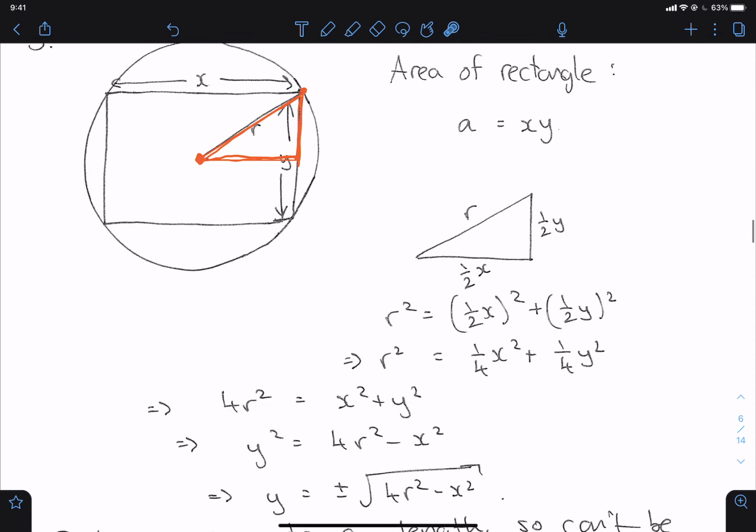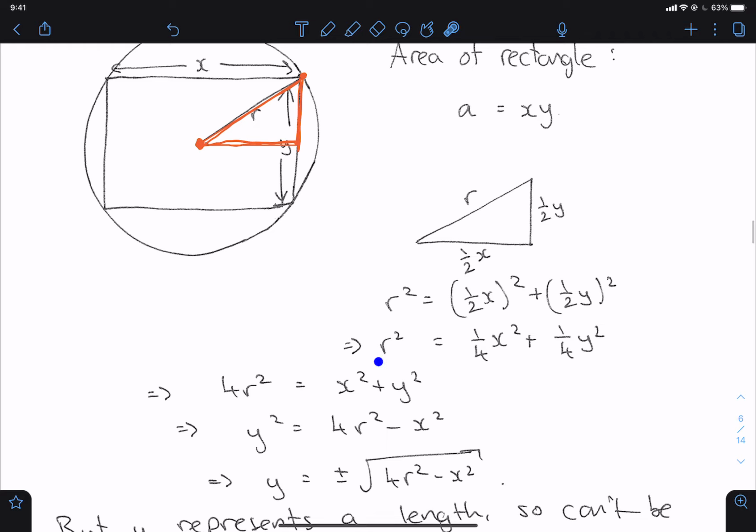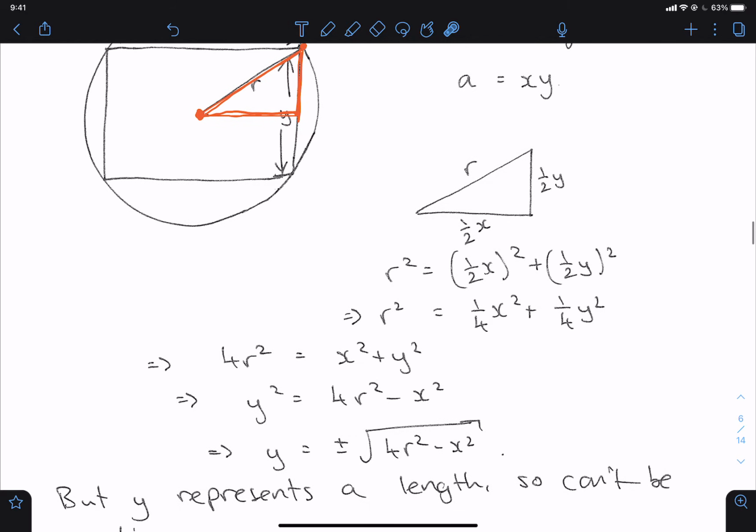So now we open the bracket, and then we have r squared equal to 1 over 4 x squared plus 1 over 4 y squared. And then we're going to multiply both sides by 4, so that 4r squared is equal to x squared plus y squared. And now we're going to move the x to the other side so that we can solve for y.